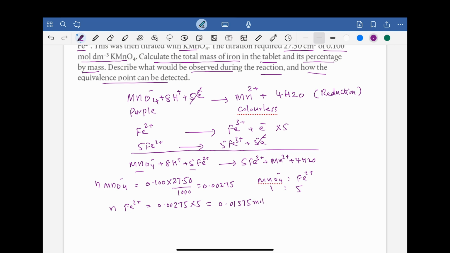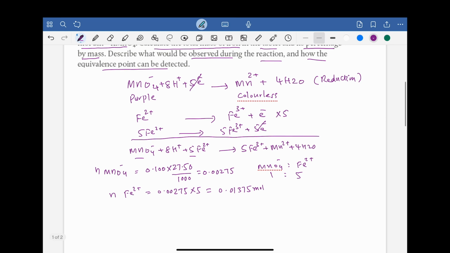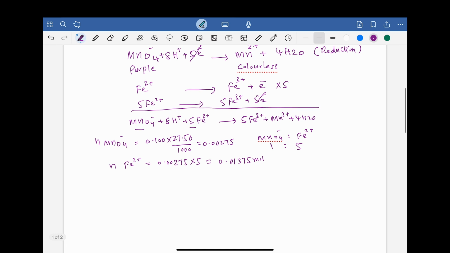Next we need to find out the mass, because we need to find the percentage by mass. So to find the mass, mass is equal to moles times molar mass.